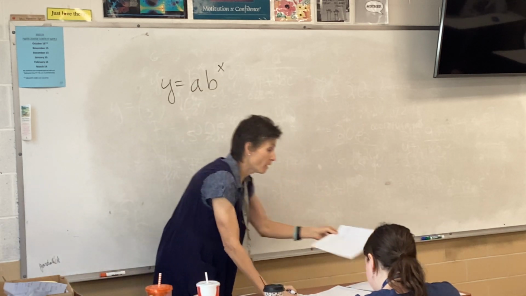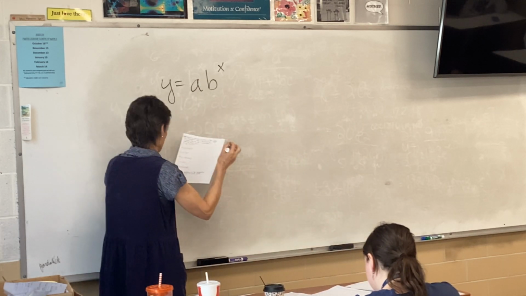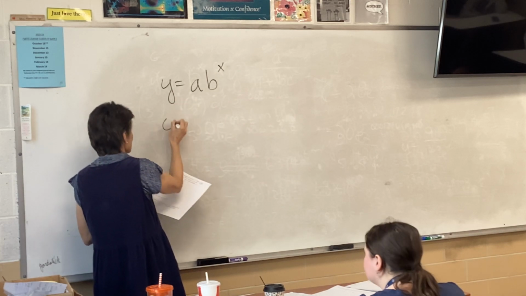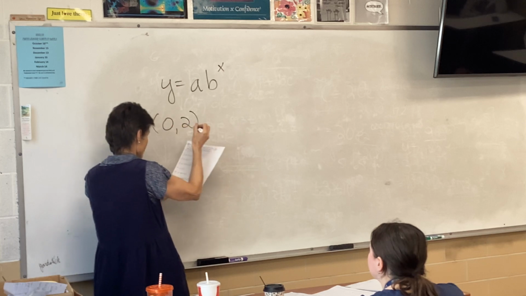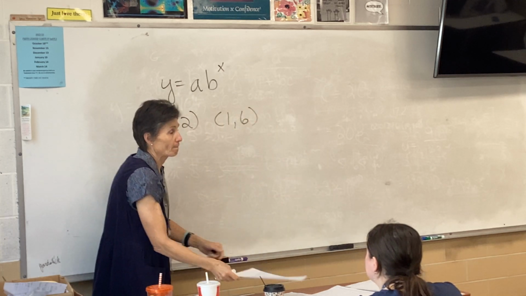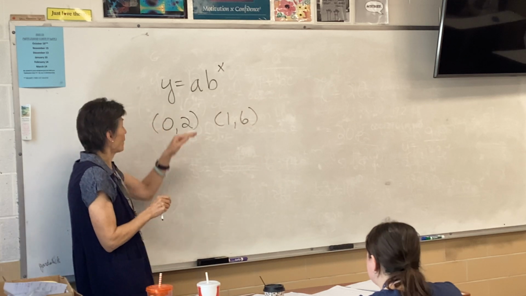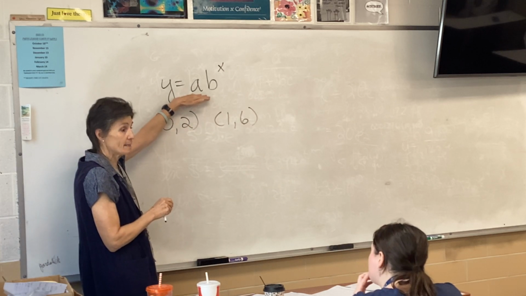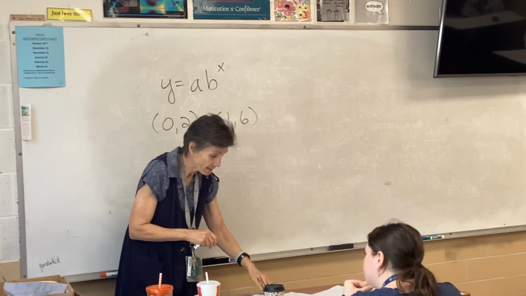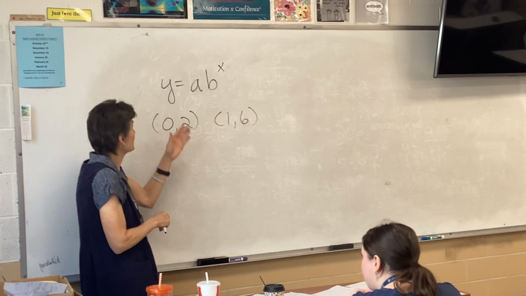So now what you are expected to do is write your own equation given these two ordered pairs. So we're going to write an equation that looks like this. It looks like A and B and D and F. Those are all exponential equations.